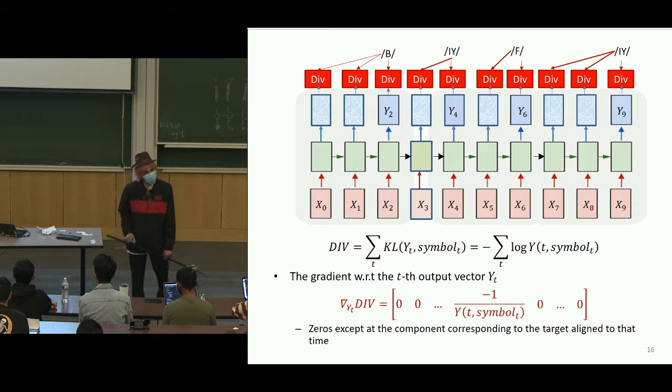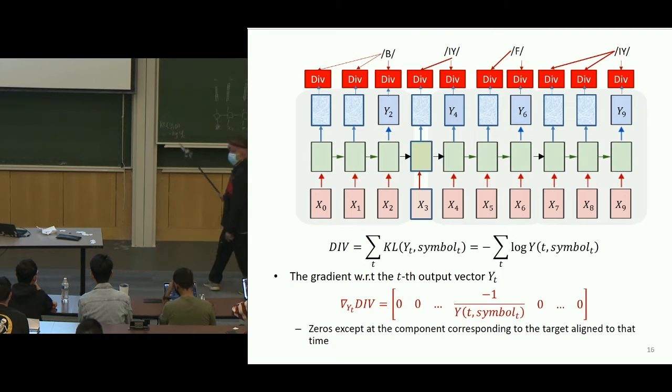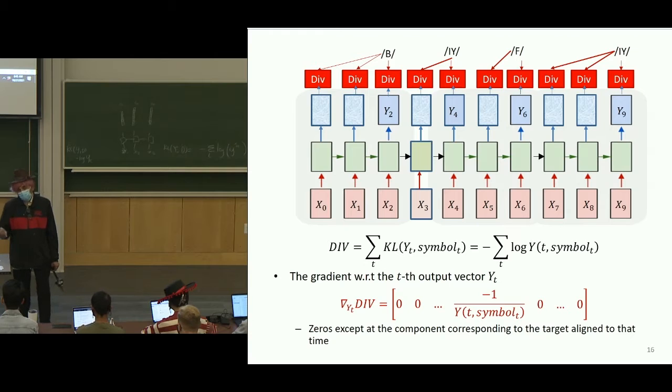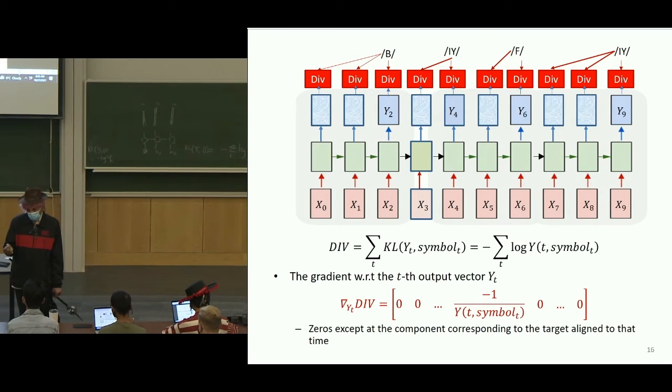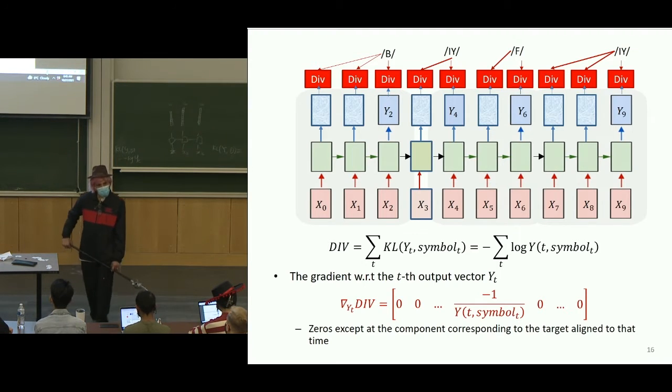Okay, I'll answer you. My questions are maybe not clear. At each time, we just saw that the divergence itself is just the negative log of the probability assigned to the target symbol, right? So what will the derivative of the divergence be with respect to the non-target symbols? Probably 0, because they don't even figure in the equation, right?